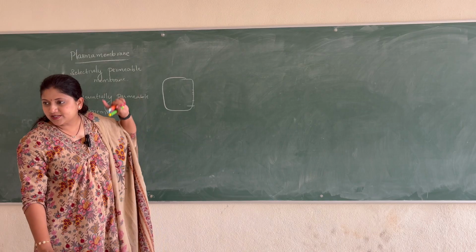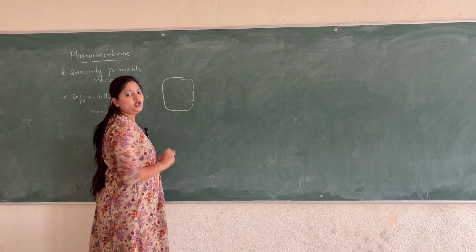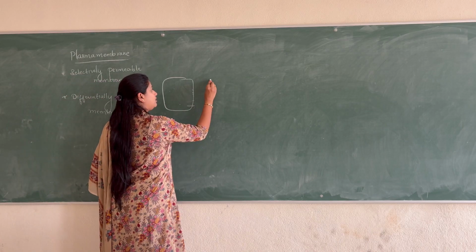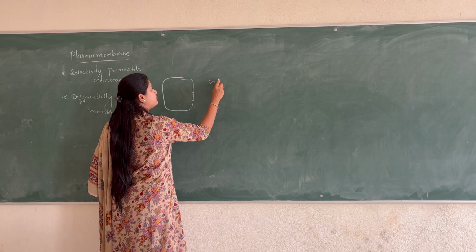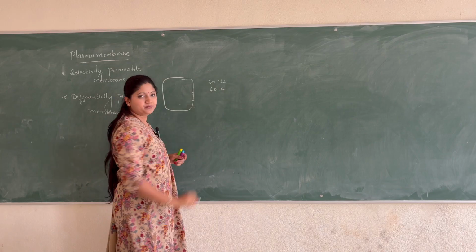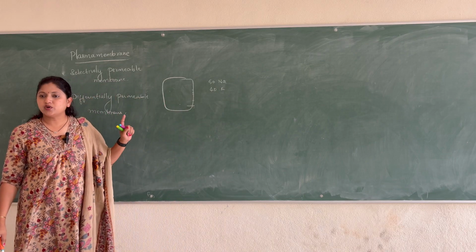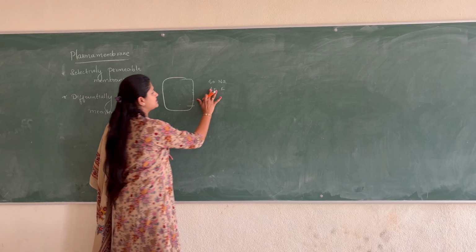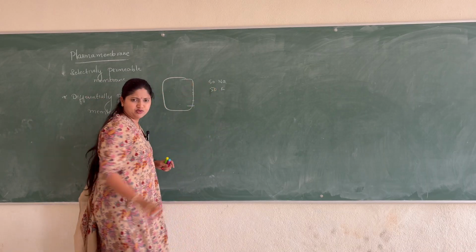Let us again imagine a cell. So we have 50 molecules of sodium, 50 molecules of potassium. Let's not get any confusion.